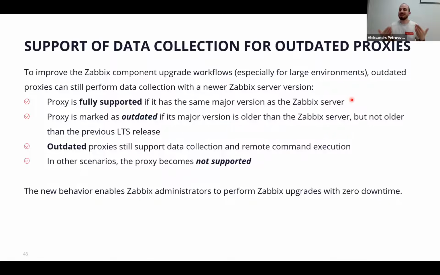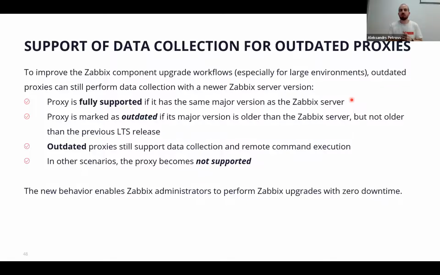So you will get the data from those proxies, meaning you can now plan an upgrade a bit differently. You can upgrade the Zabbix server and then calmly upgrade each outdated proxy one by one without any rush while still receiving the data from them, because outdated proxies still support data collection and remote command execution.